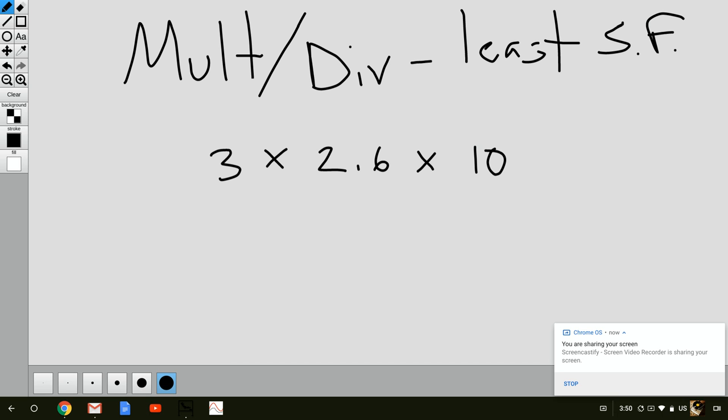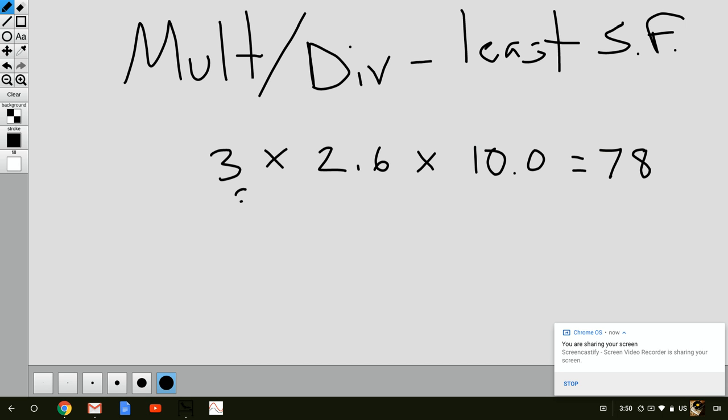I'm going to call it 10.0 so I can get some more sig figs. So 3 times 2.6 times 10.0 is going to end up being, let me run that through a calculator to make sure I'm doing that right. Yep, it is 78.